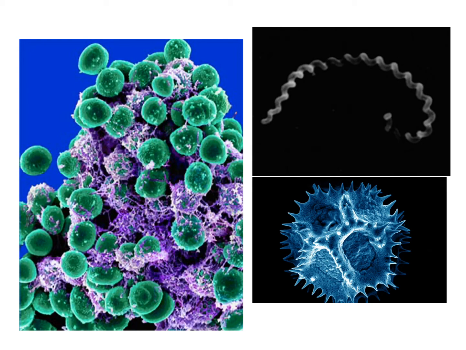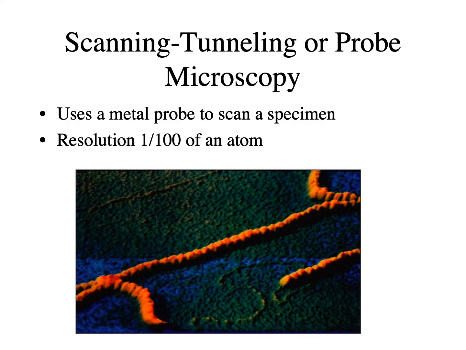It's so cool. All right, in newer microscopy, we have some that are even better than electrons in terms of resolution. This would include the scanning, tunneling, or probe microscopy. I've heard it referred to as tunneling or scanning probe. Either way, same idea.